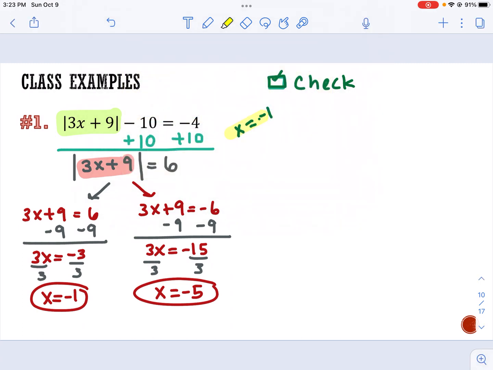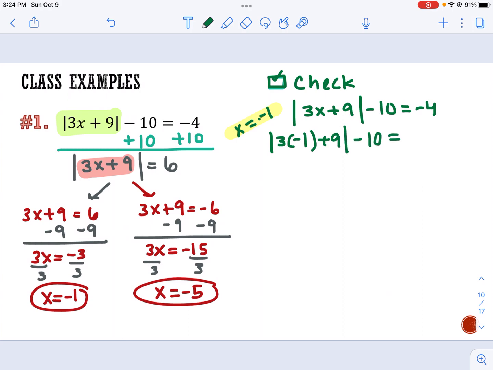When I replace x with negative 1 in my original equation, does it hold true? So I have the absolute value of 3x plus 9, always plugging back into my original equation. As easy as it would be to do it anywhere else in your work, you might have made a mistake, so we always have to plug into the original, which is annoying and time consuming, but that's the only one we can guarantee is the correct equation.